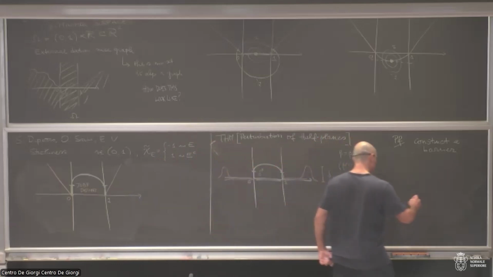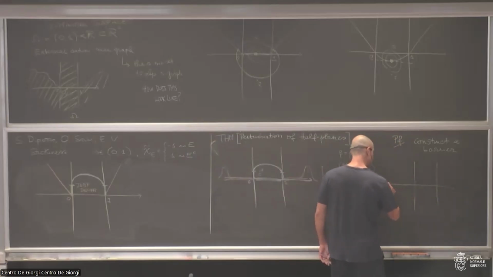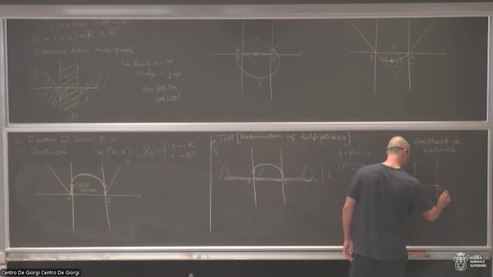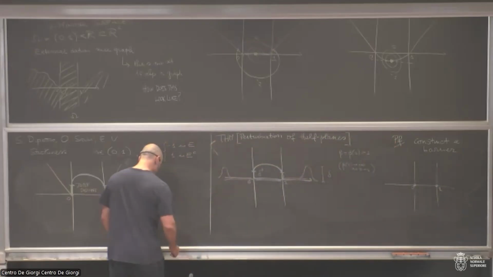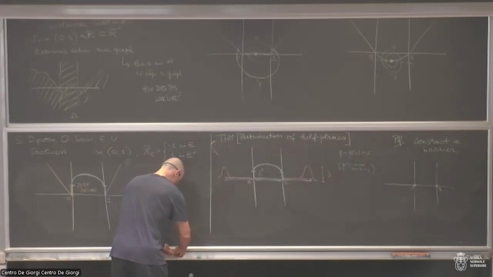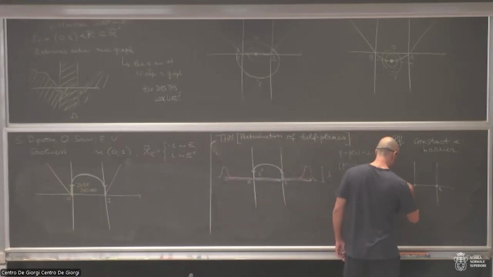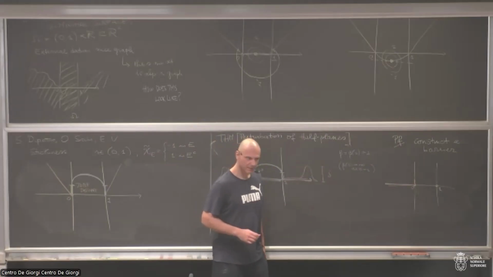So suppose that I start here. So this is 0. This is 1. And I will construct my barrier somehow piece by piece. I start with something which is completely flat here. And moves up here.